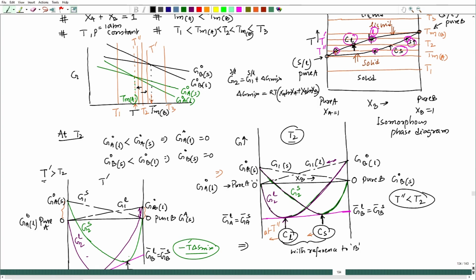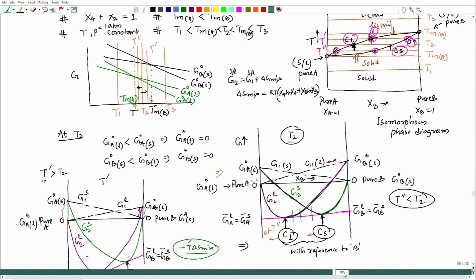Whatever composition you take in between these two compositions, to start with, it will divide into two parts, one Cl and another Cs, and only those two compositions will exist. And what are the two phases? Since those two compositions are in equilibrium, one is solid and one is liquid, and both are solutions.